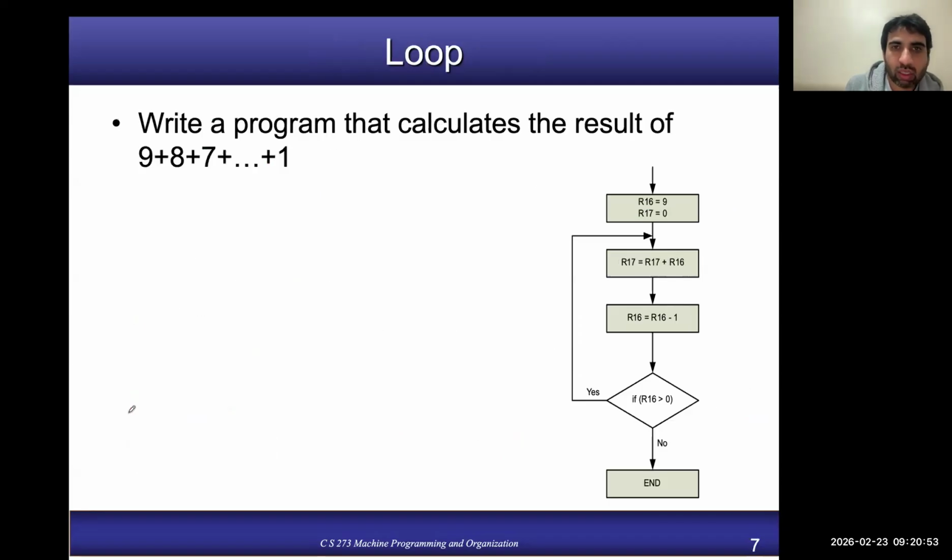Okay, I think it will be better if we do the next slide as an exercise. So here you are supposed to write a program which calculates the result of summing the numbers 9 down to 1. On the right side you have the control flow diagram. Let me not explain it to you. Have a look at it, try to understand it, and then write the code.